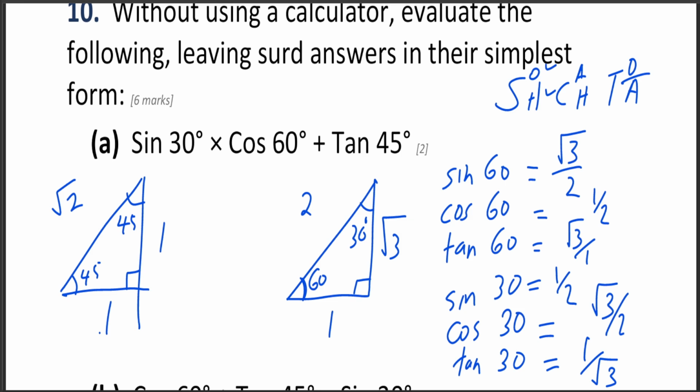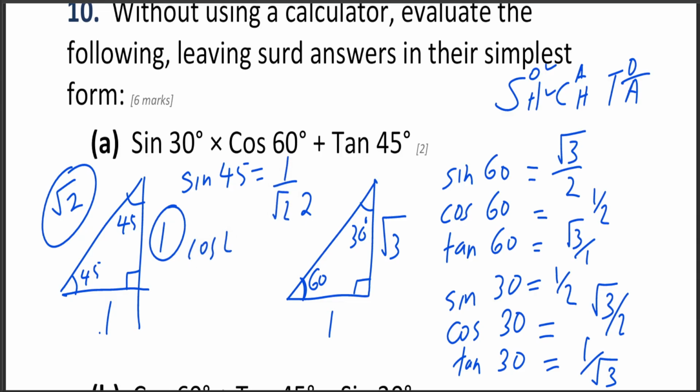So now it's much easier to know the sine, the cosine and the tangent. So the sine 45 is equal to opposite over hypotenuse. So whichever one that you take, opposite itakuwa same. 1 over root 2. Cos 45 is equal to adjacent over hypotenuse.